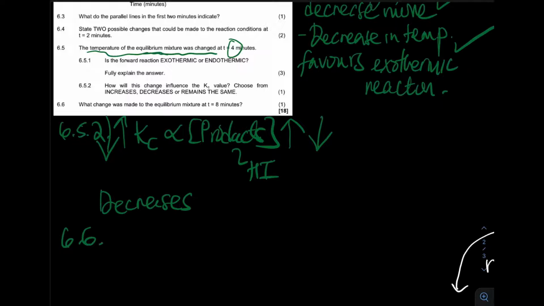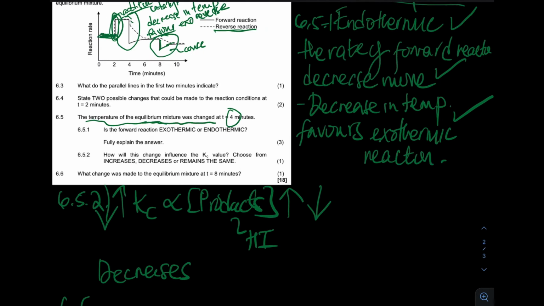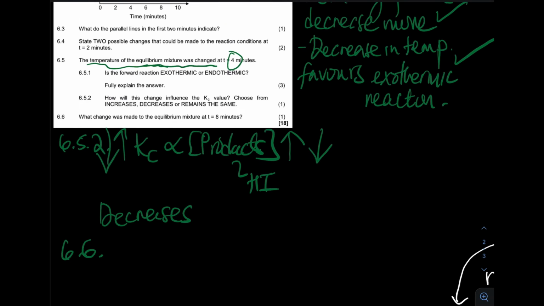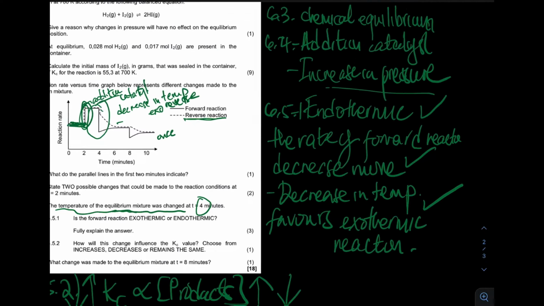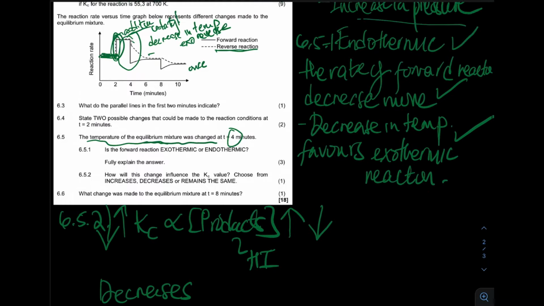6.6. What change was made in the equilibrium mixture at 8 minutes? As I've mentioned, at 8 minutes there was a change in concentration, right? But what change in concentration? There was a removal, or a decrease in concentration, of the reactants. How do I see that there was a decrease in the concentration of one of the reactants?